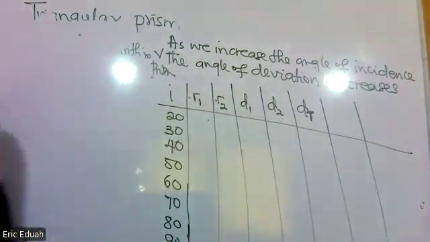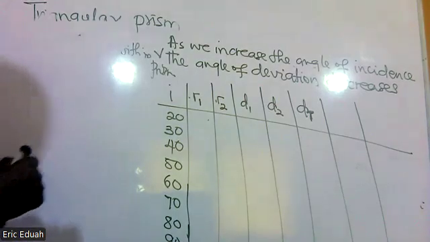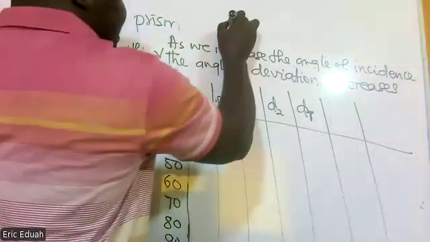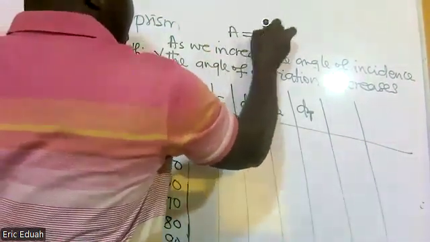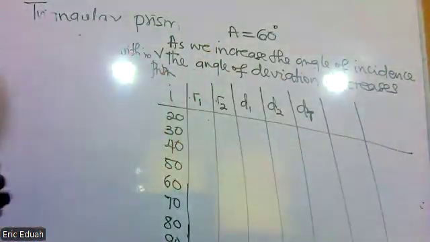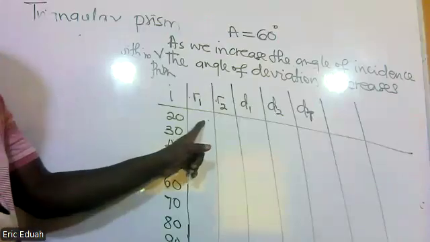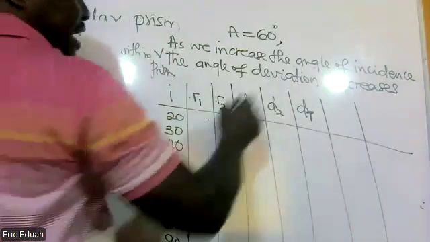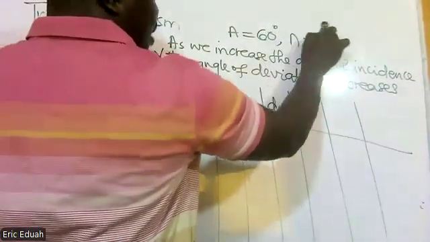We are given a prism whose refracting angle A is 60 degrees. This prism also has a refractive index of 1.5.